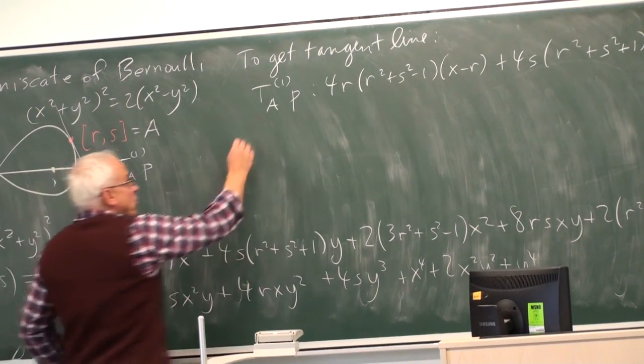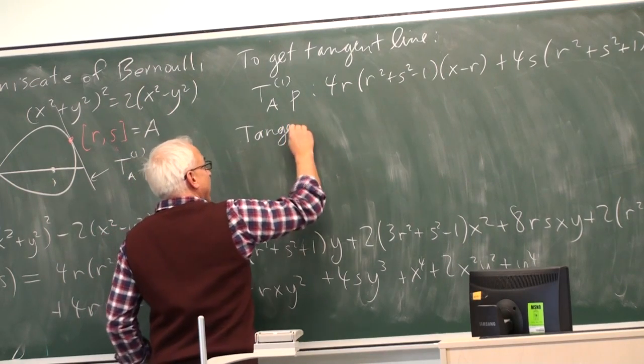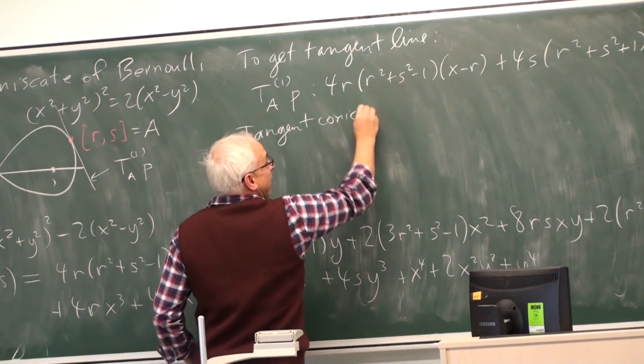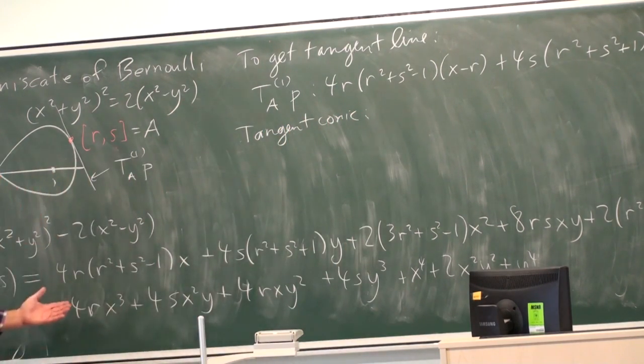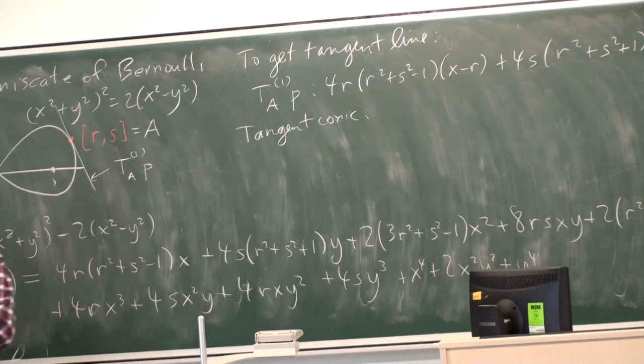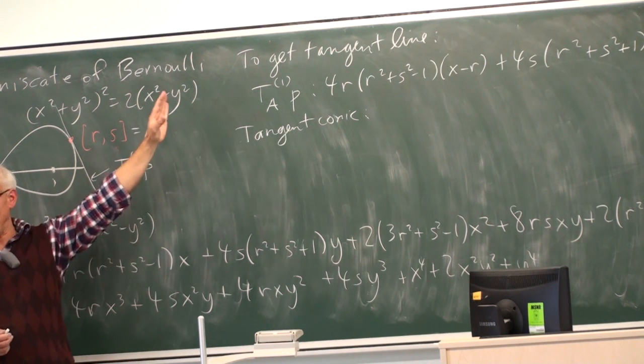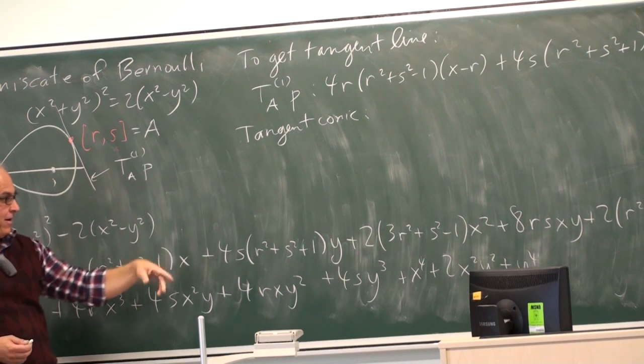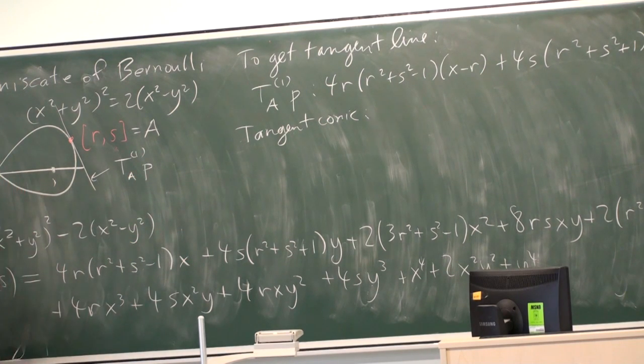To get the tangent conic, well, we have to take the linear and the quadratic terms, so this entire first row. That's going to be the tangent conic to the translated curve when the point (r, s) has been translated to the origin. Now we're just going to translate it back to (r, s) by replacing the x's and y's with x minus r and y minus s.